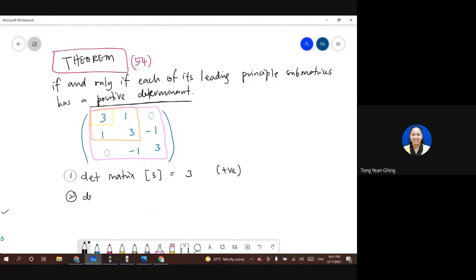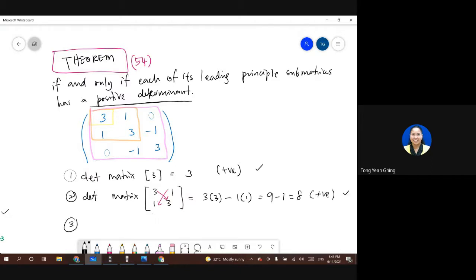The second one is the determinant of the matrix 3, 1, 1, 3. This one times this one minus this one times this one, so 3 times 3 minus 1 times 1, which is 9 minus 1, equal to 8. This is positive as well.